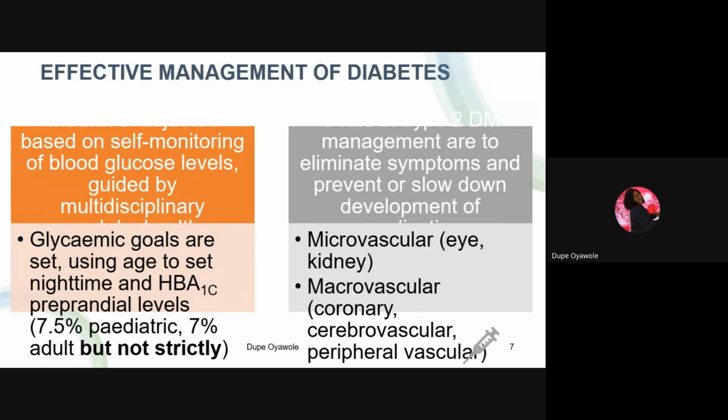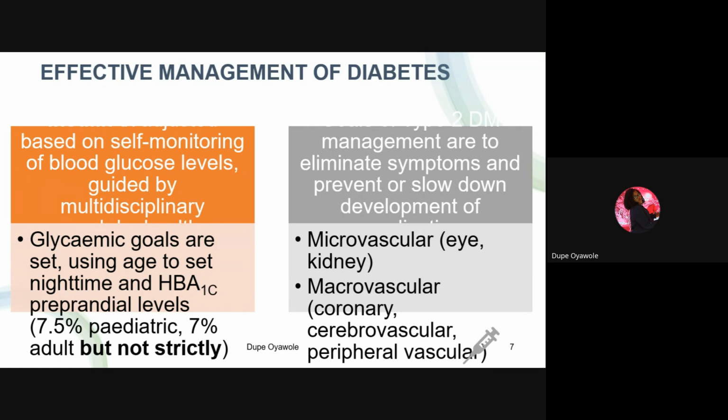Some of them will tell you that they can always go to a pharmacy around and check once in a while. But the principle is that everyone living with diabetes has to have it. So you encourage them sometimes.